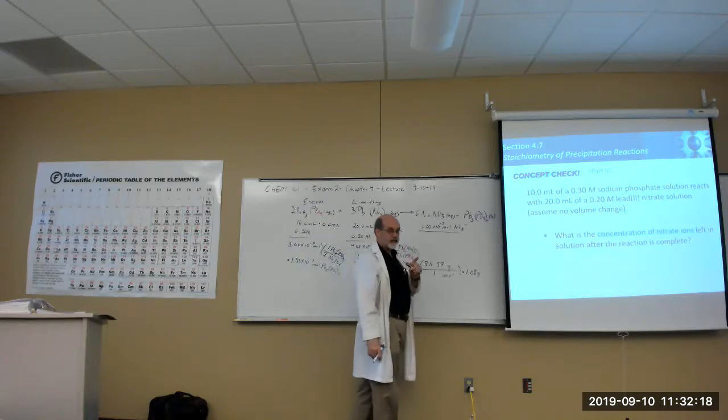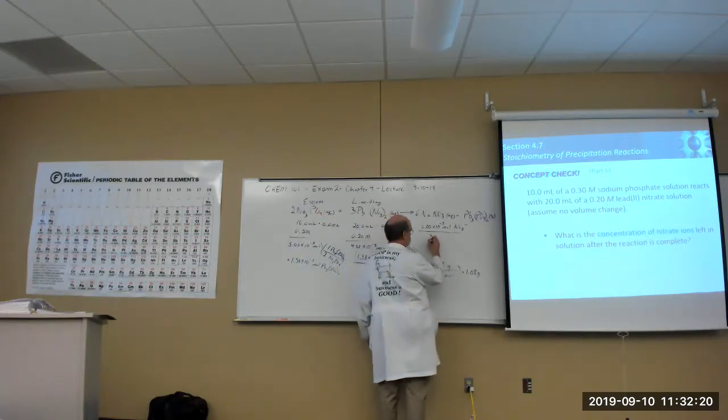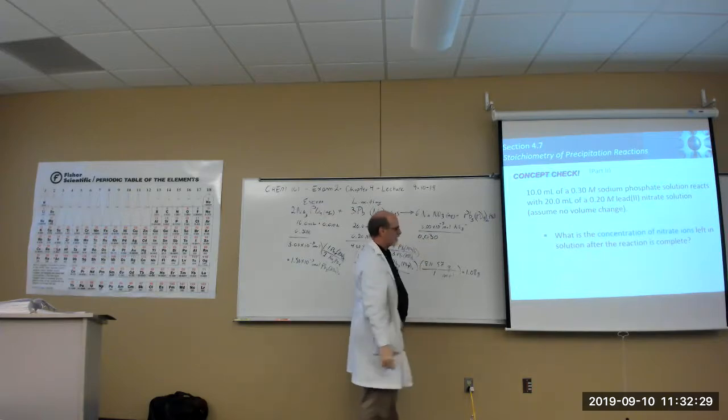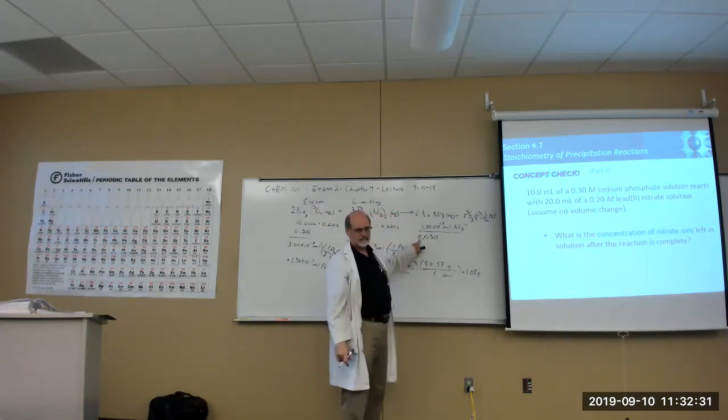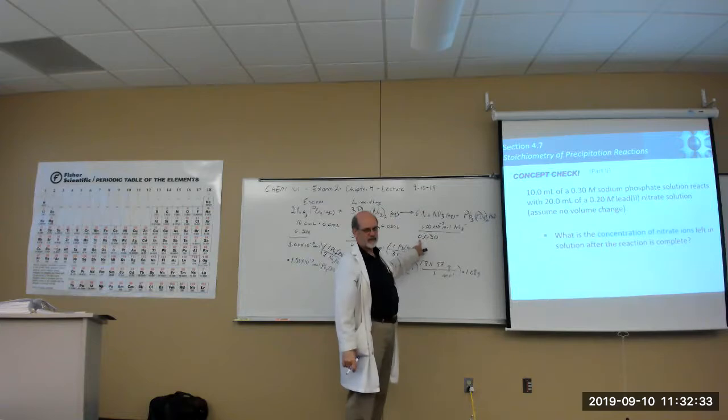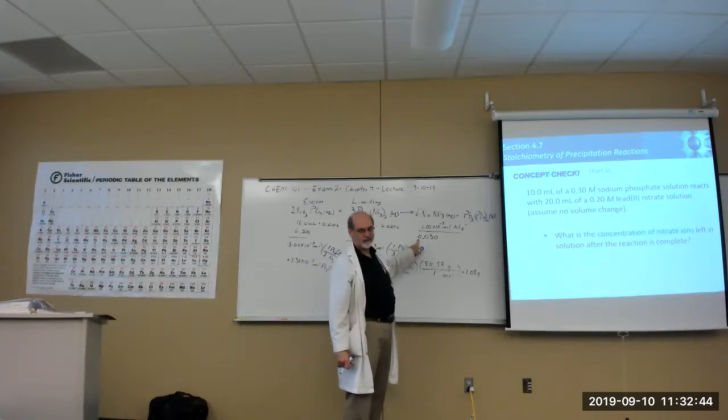How much is that in liters? You go 1, 2, 3. And don't forget your leading zero. That's one of my pet peeves. I don't want to see any orphan decimals. If you've got a decimal sticking out to the left-hand side, it better have a zero bracketing it.